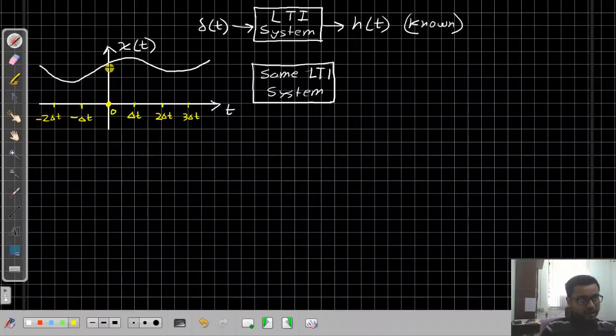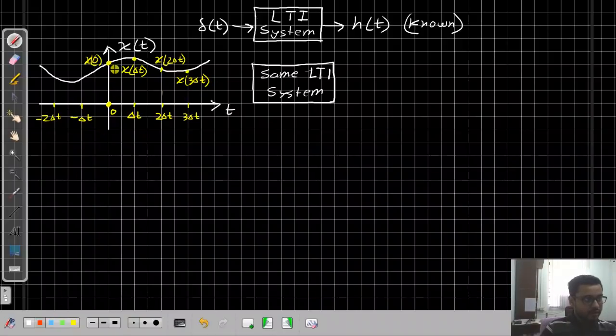Now the height of this signal at this point is x(0), then at this point it is x(delta t), here x(2 delta t), here x(3 delta t), and so on.